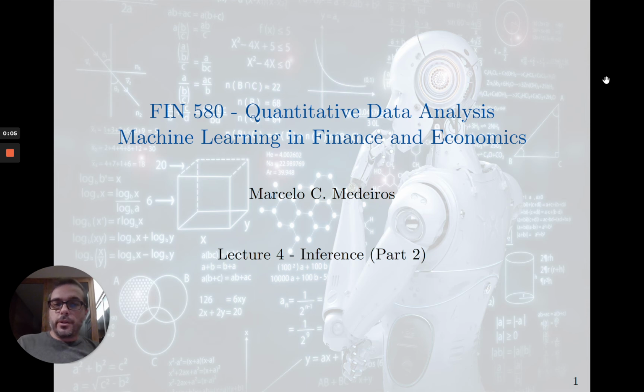Now we are going to look at the problem of inference after model selection. In the first part of this lecture 4, we were not considering the model selection step when conducting inference.